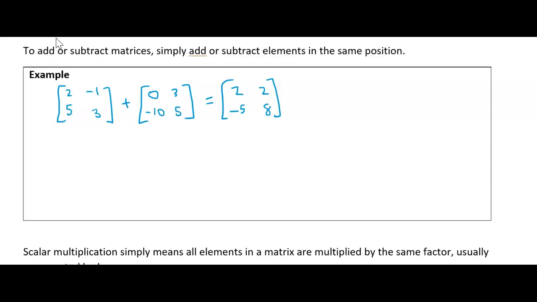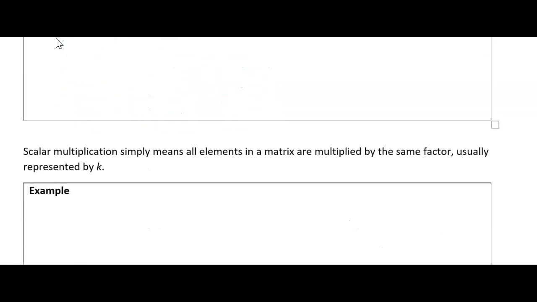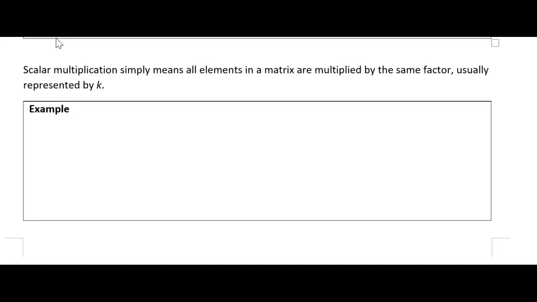Now, scalar multiplication is different to matrix multiplication. Scalar just means we're multiplying the matrix by a number, a scalar. If I wanted to double a matrix, we're just multiplying that matrix by 2. Let me make one up again.